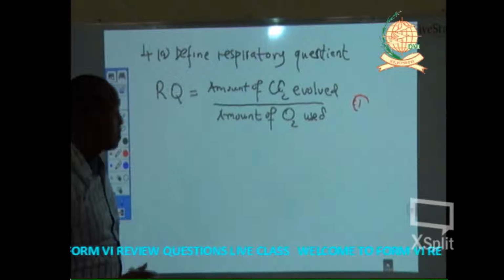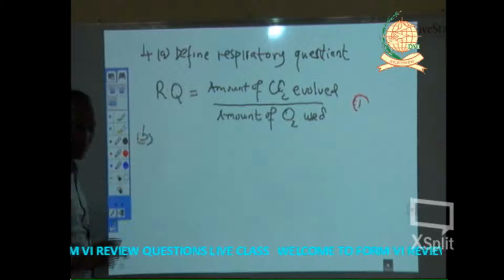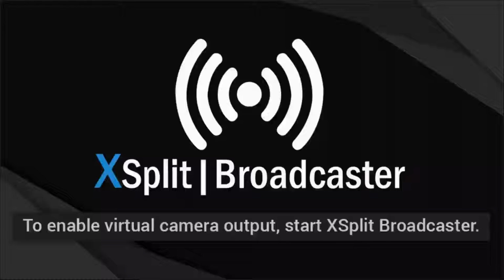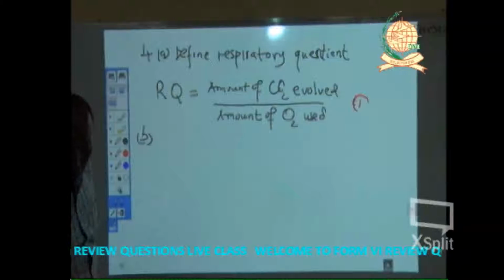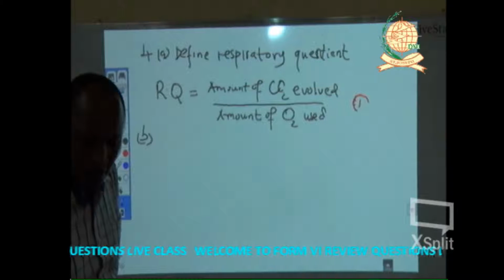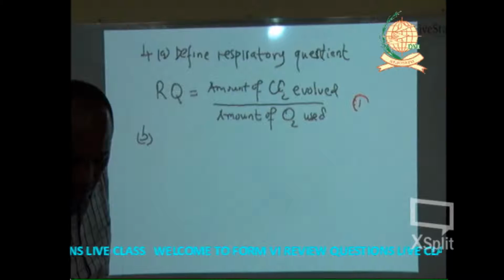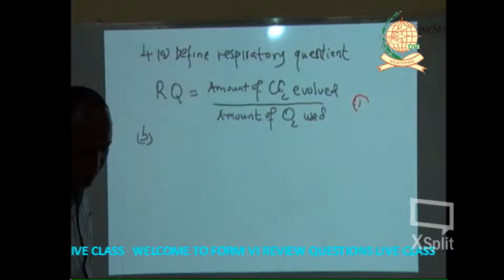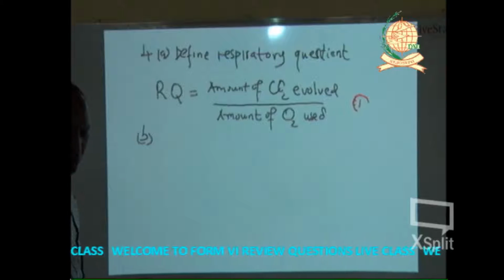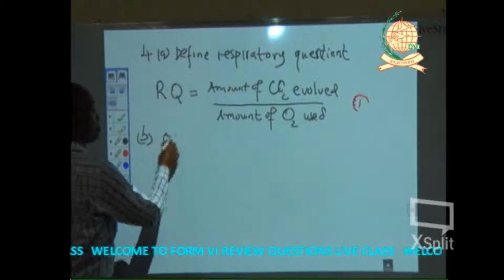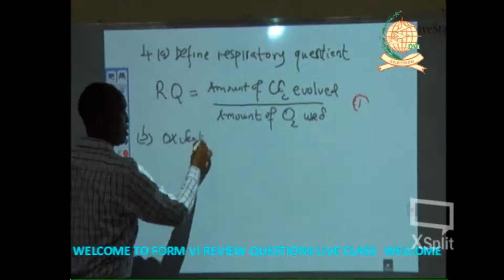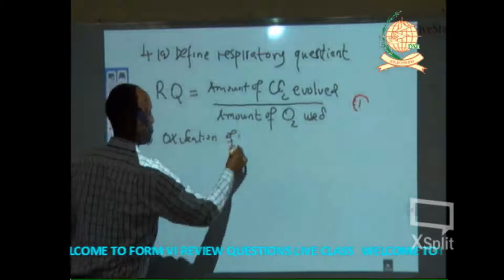Part B says to outline the chemical changes which protein and fats undergo when they are oxidized. Let us start with oxidation of protein.